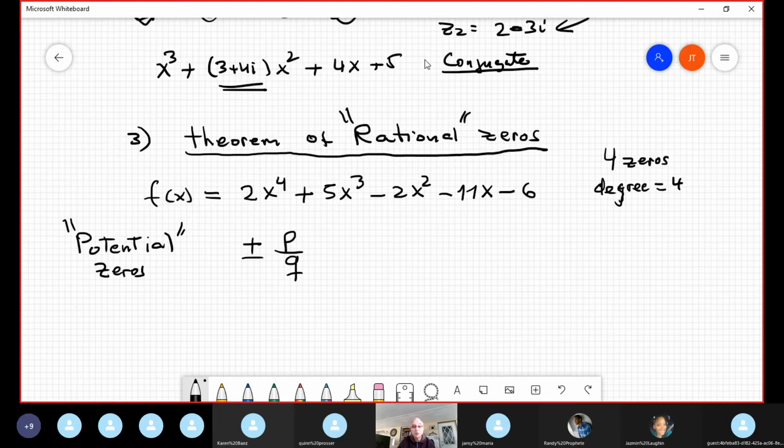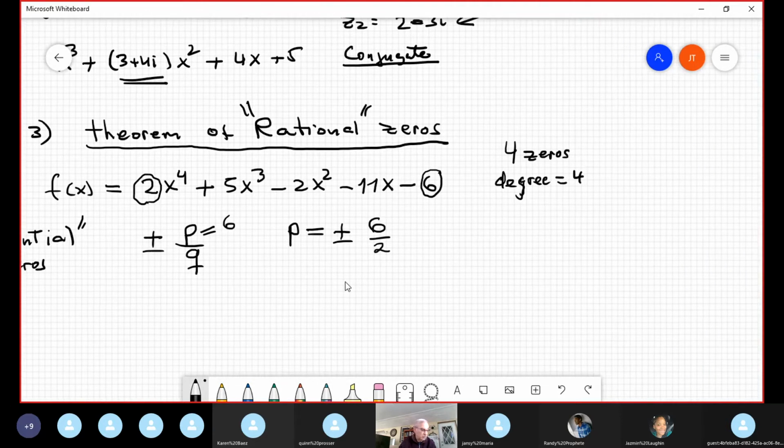Who is p, who is q? P is the coefficient of degree 0, which in this case is 6. The sign is not important, but you put plus or minus. P is 6 in our example. And q is the leading coefficient, which is 2. But you don't divide 6 by 2. No. You break down 6 and 2 using the potential factors.